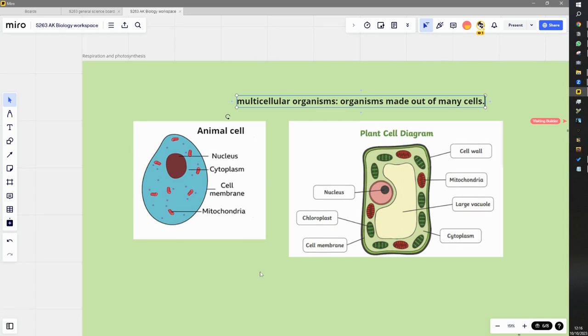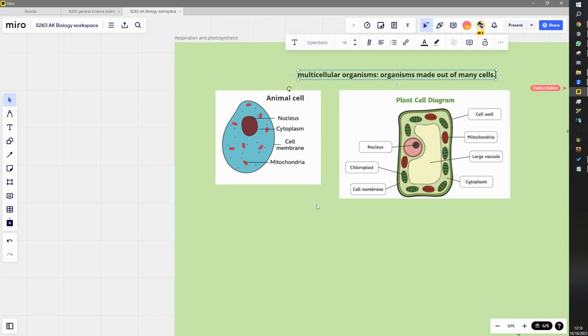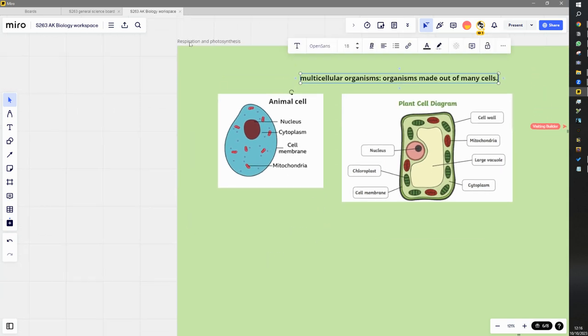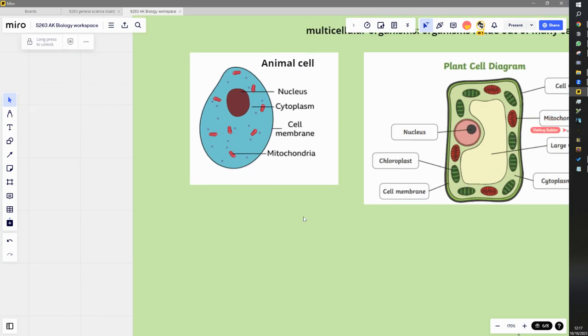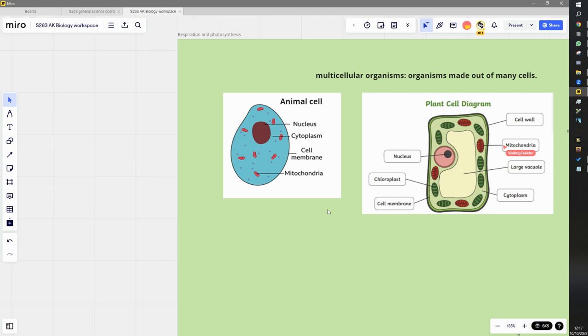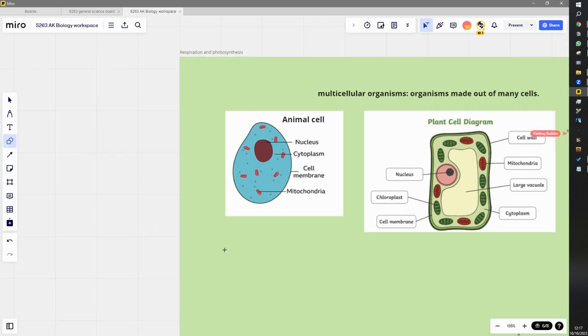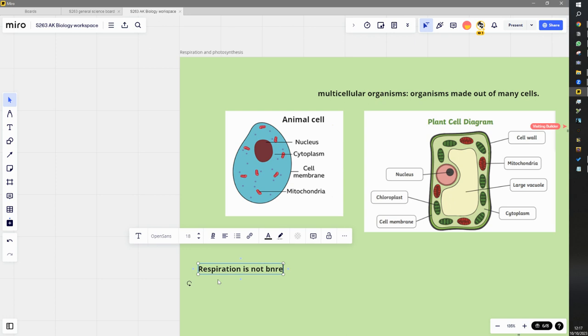Okay, so let's have a look inside these cells, and we're mostly focusing on respiration and photosynthesis here. A lot of people think respiration is breathing, but it's not. So it's probably worth us mentioning that straight away. Respiration is not breathing, but it is related to breathing. It's also related to other things as well.